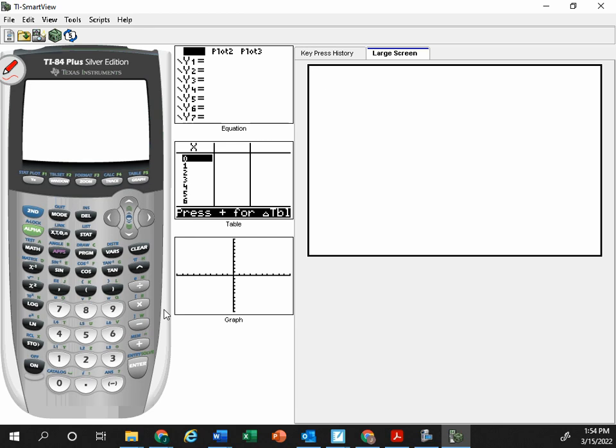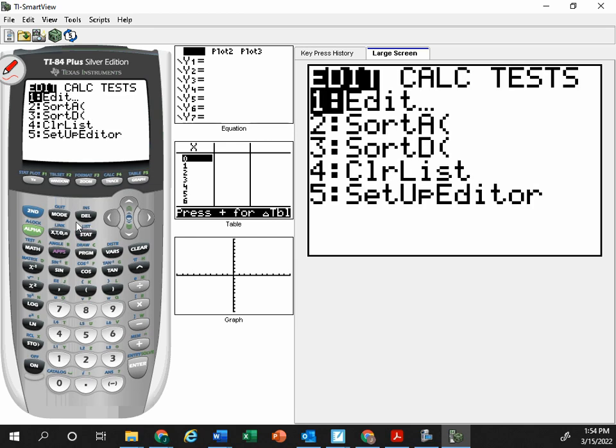Okay, guys, I need to put values in a list. Where do I go? How about stat? And then I can edit a list. So stat, edit.